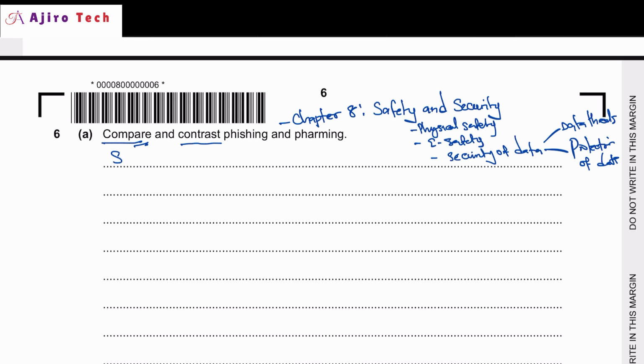So similarities here. The first one is what? Both are data threats. Both use the internet.